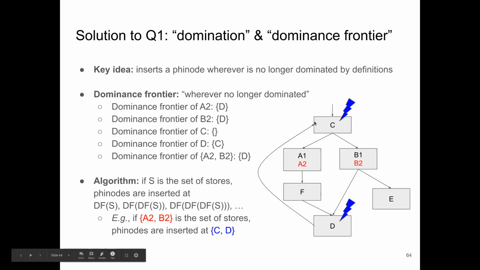And furthermore, we are going to insert a phi node at C here as well. And the reason is that here the same thing happens. The value stored in X depends on the control flow. If it is jumping from this, then the value is coming from this.